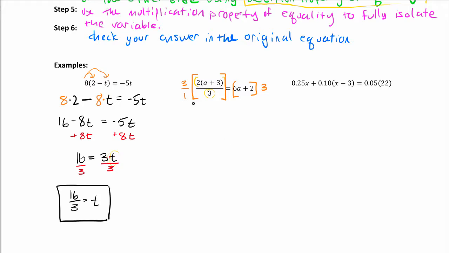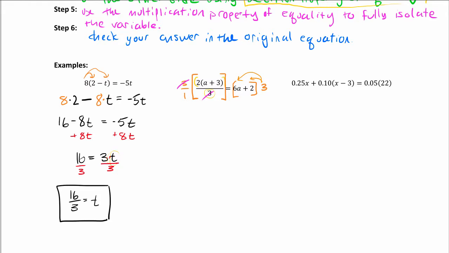So what happens then is on this side, I have 3 over 1 times 2 times a plus 3 over 3. So this 3 upstairs and this 3 downstairs cancel out. Over here, there's no downstairs to cancel that 3, so it is going to distribute to these two guys.